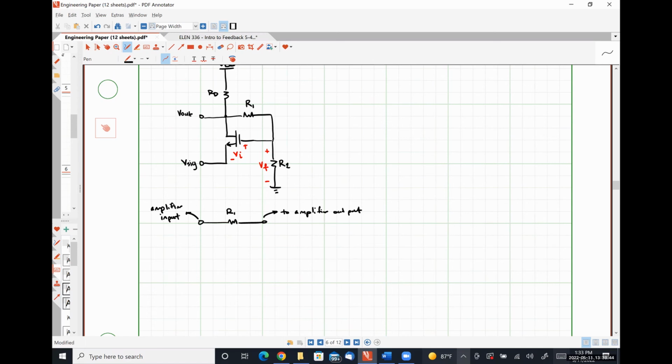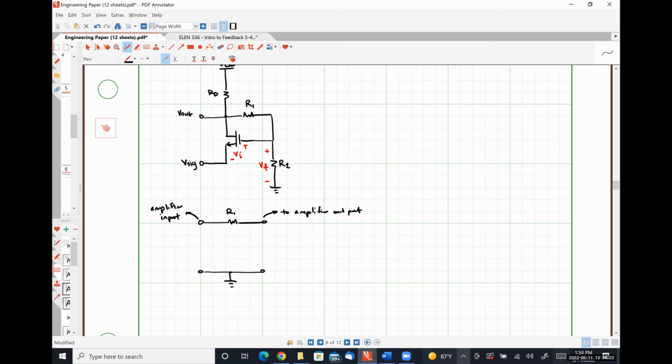Well, so let's look at another thing here real quick. This bottom node of our feedback network is going to be ground because our output voltage is measured with respect to ground. So in order to connect this in parallel on the output side, we need the same set of terminals, right?